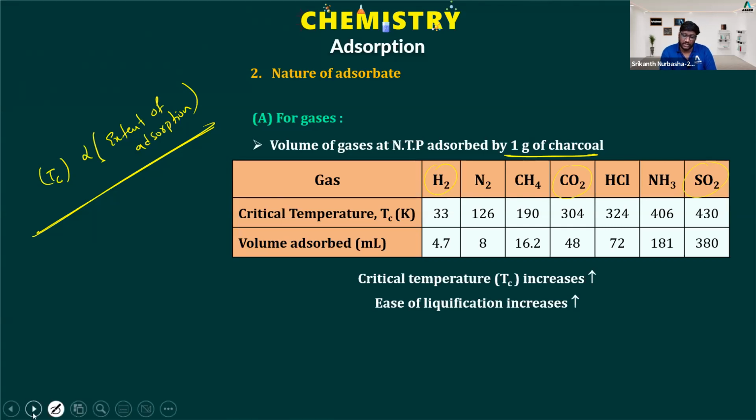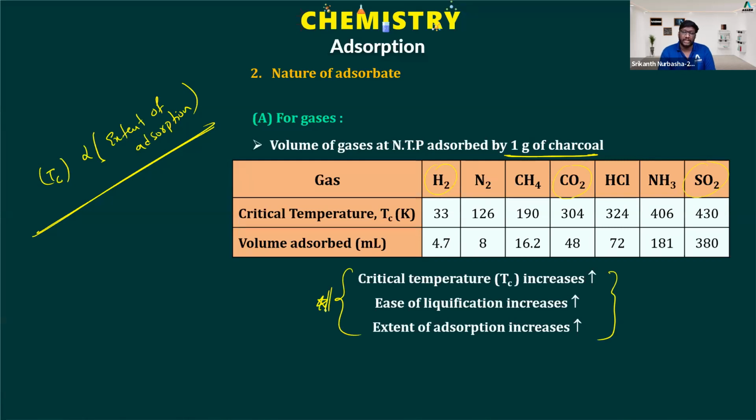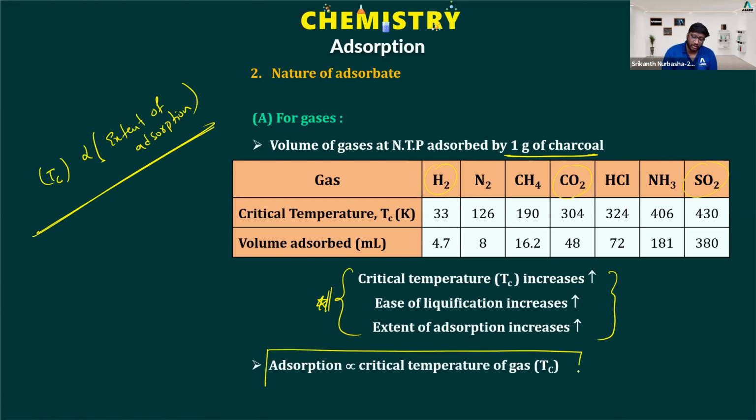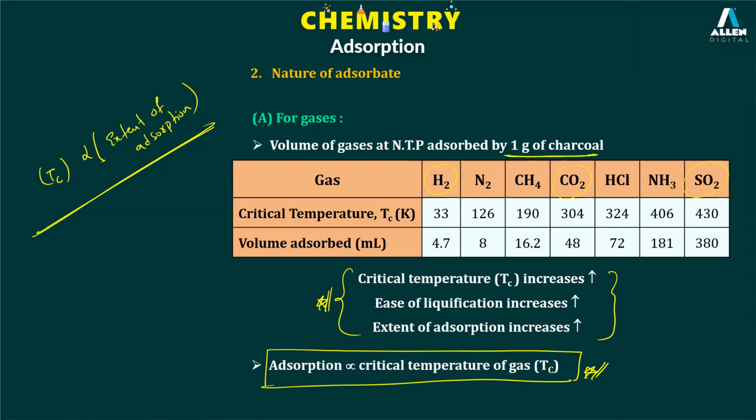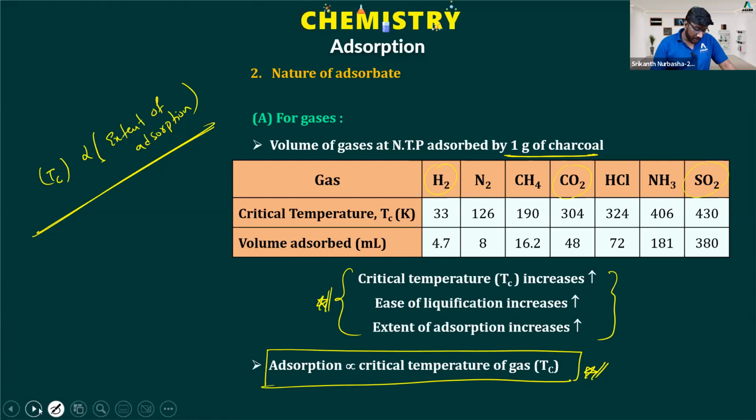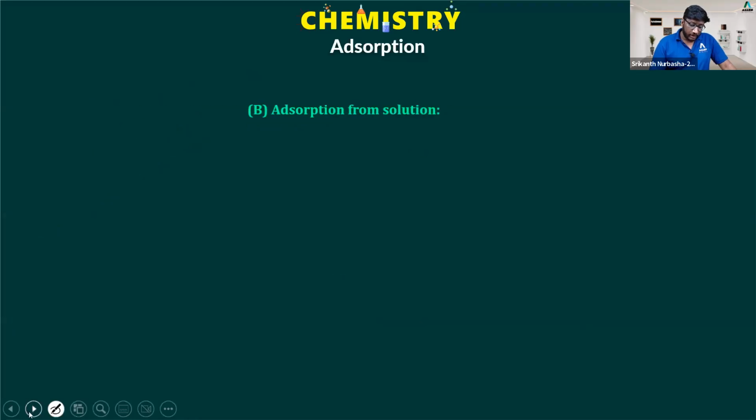Ease of liquefaction increases, obviously extent of adsorption increases. Adsorption is directly proportional to critical temperature of the gas. Is that point clear? Yes, this is the nature of adsorbate for gases.